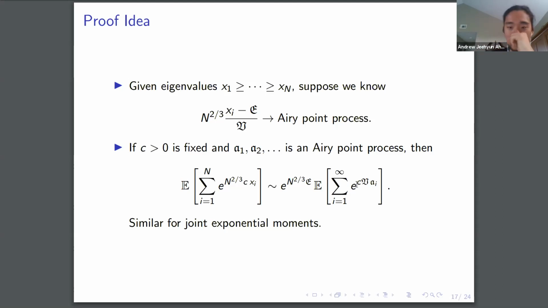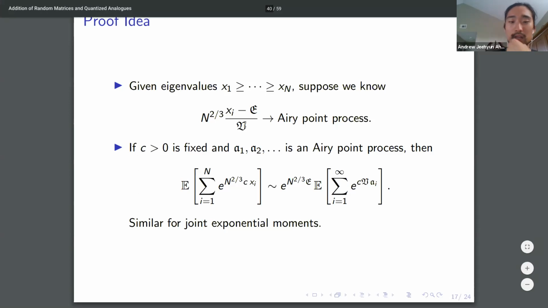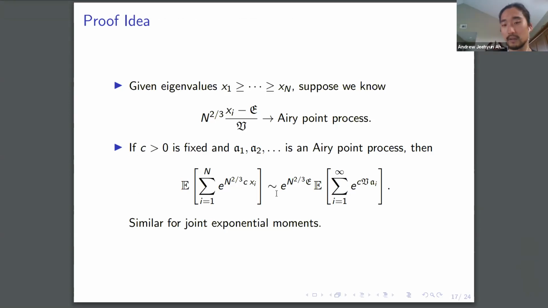And it turns out that if you write down these statements for all the joint exponential moments, and you had this asymptotic behavior as n tends to infinity for all of them, then this implies the first bullet here. So what I'm trying to say is that these two statements are equivalent to one another.